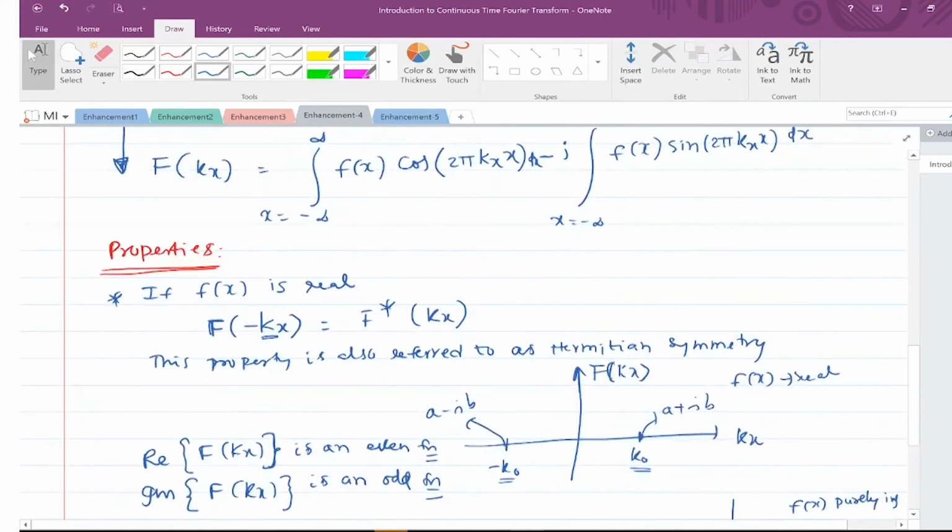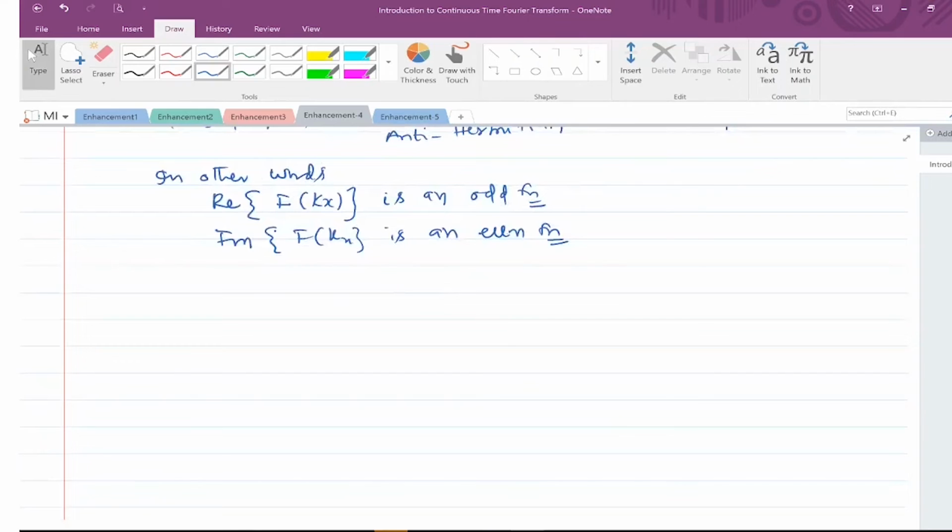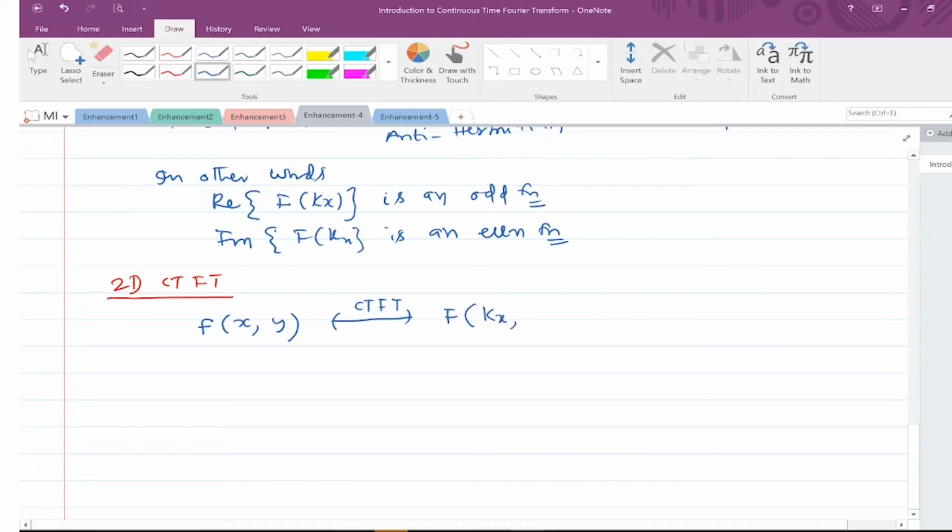So let's write the 2D continuous time Fourier transform now. Two-dimensional CTFT is what we are going to write here, the definitions of it. Now it's a two-dimensional function, so instead of f of x, from now on I would be writing it as f of x comma y, and the Fourier transform we would refer to as capital F of kx comma ky, the frequencies in the x and y directions.